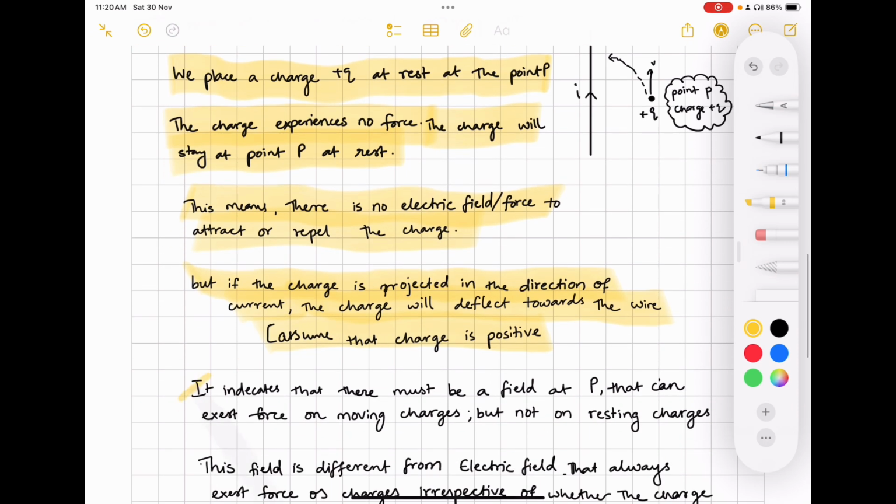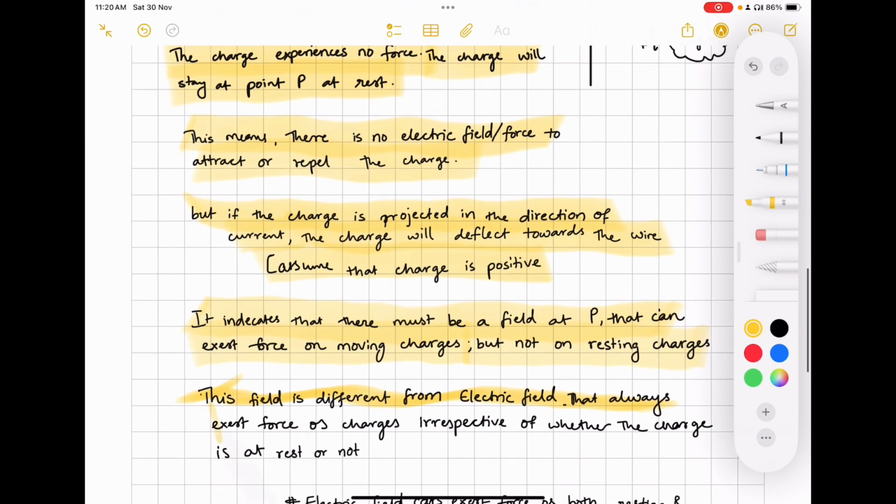This indicates that there must be a field at P that can exert force on moving charges but not on resting charges. This field is different from electric field, which always exerts force on charges irrespective of whether the charge is at rest or not.